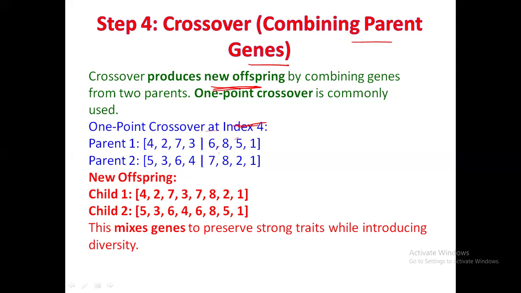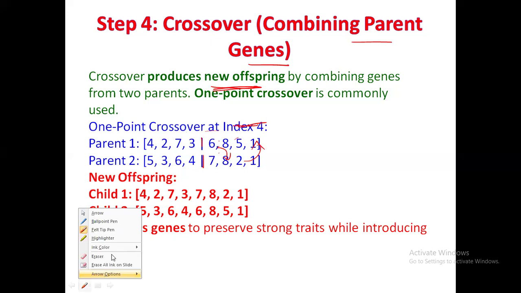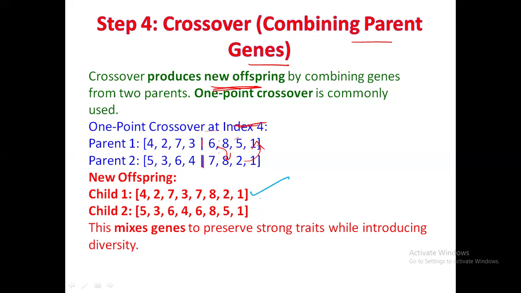So if I divide like this, this value will move over here and this value will move into this. After moving, we call this the child, the offspring. So here the child is 4273 and 7821.